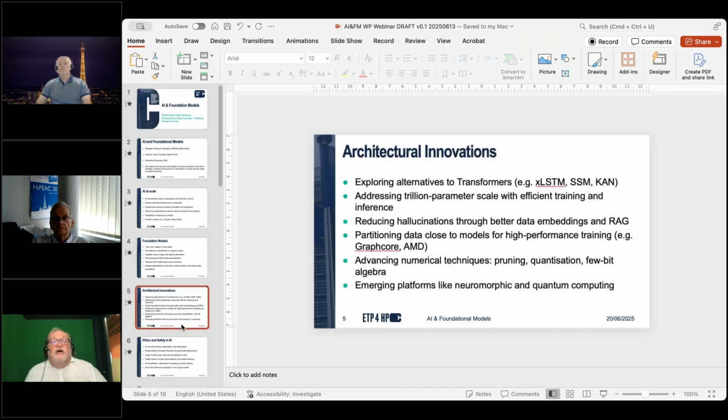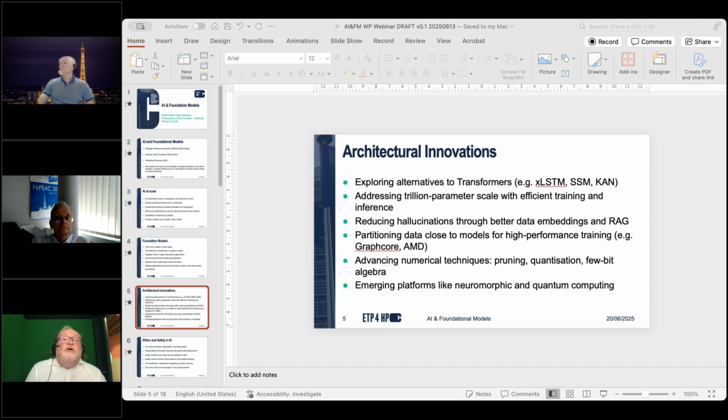So let's move on now to architectural innovations. As we scale up our foundational models, this is continuously exposing our system and infrastructure architectural bottlenecks. We're deploying alternatives like xLSTM and KANs, which are emerging to address long context windows and parallelization.